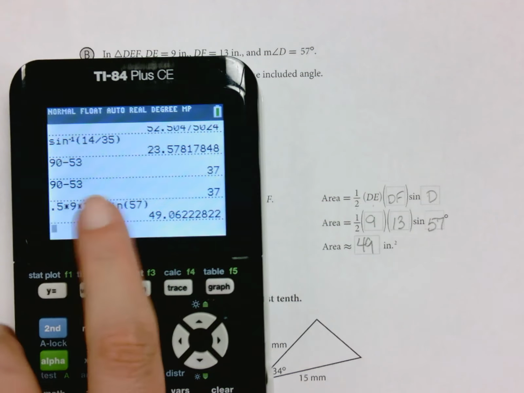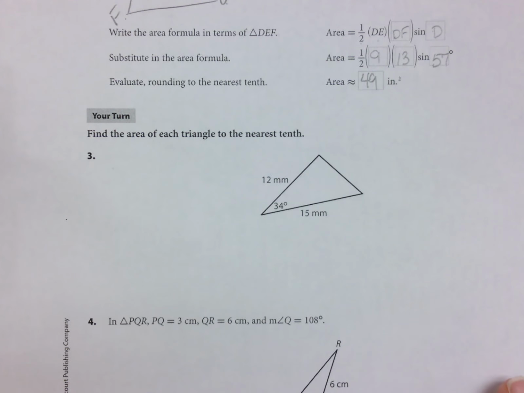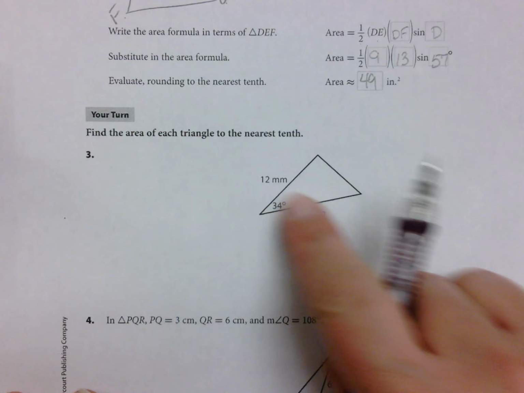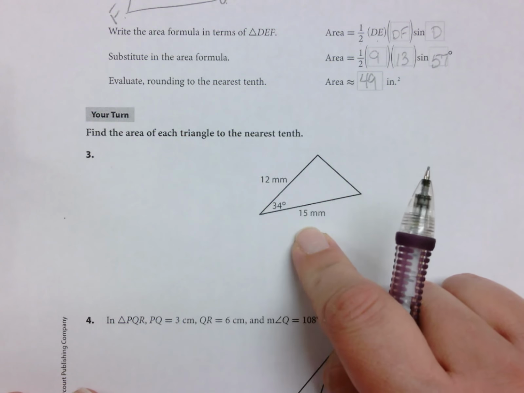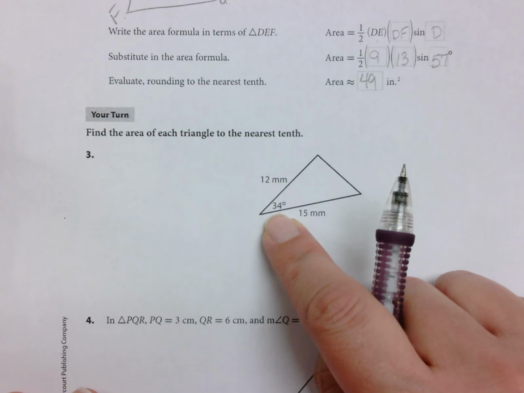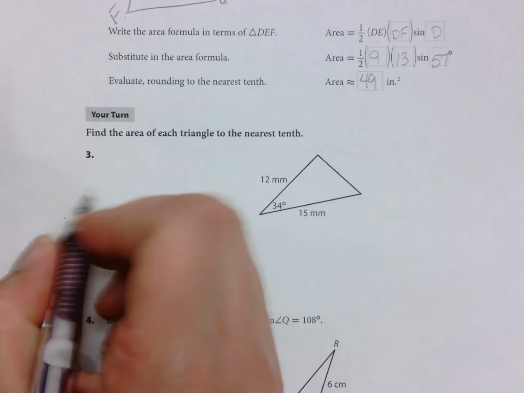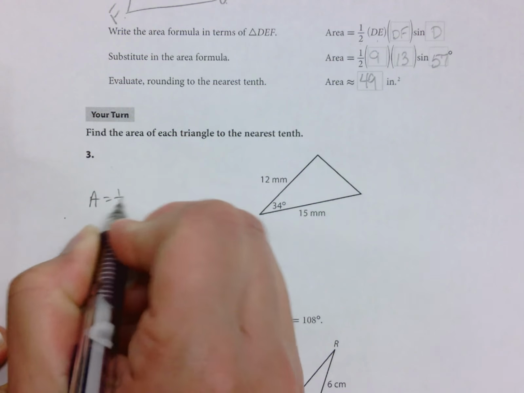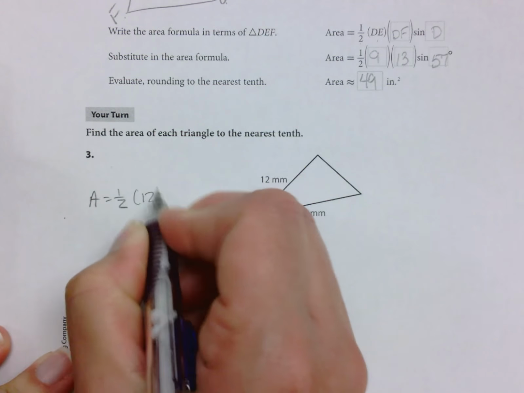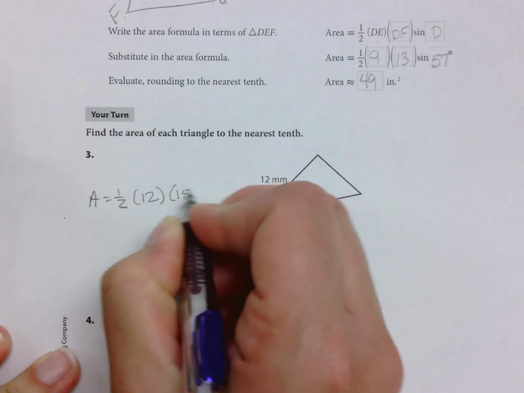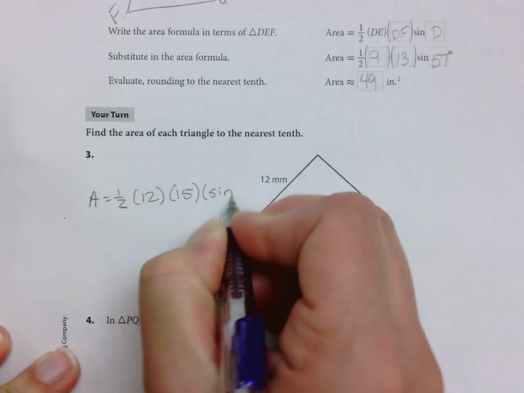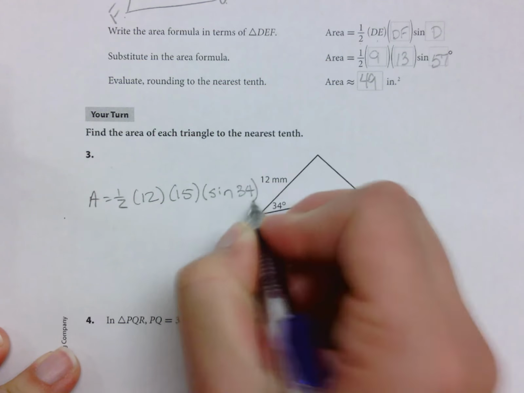So, two side lengths and the included angle. When we look at number 3, we have a 12 millimeter side, a 15 millimeter side, and the angle in between them is 34 degrees. We're going to say area equals 1/2 times 12 times 15 times the sine of 34 degrees.